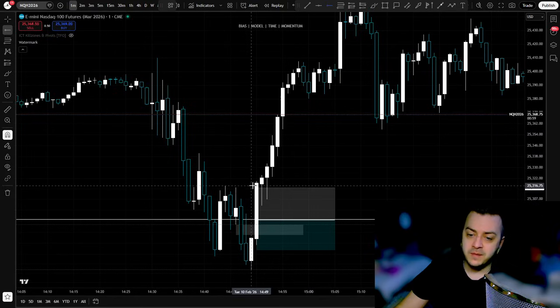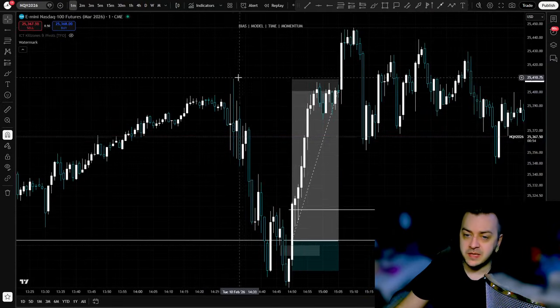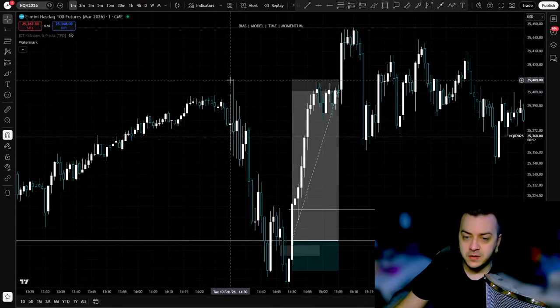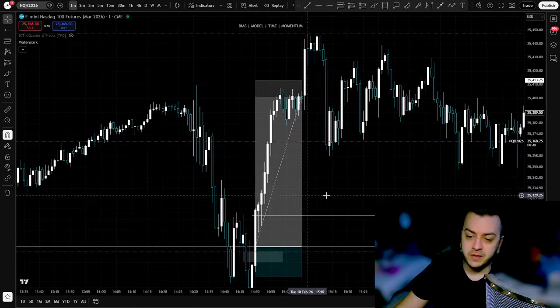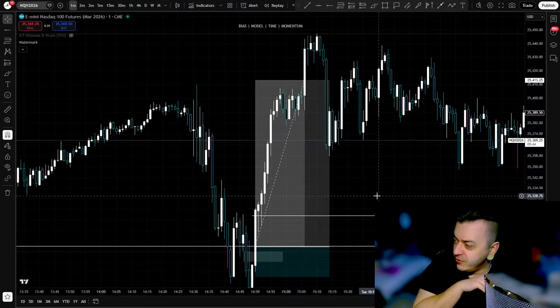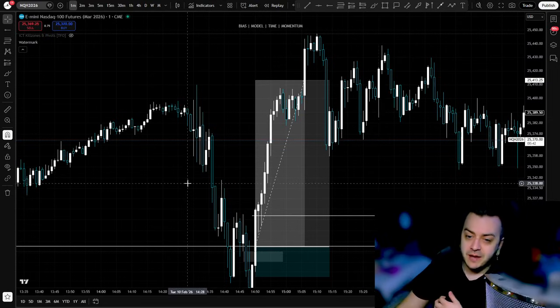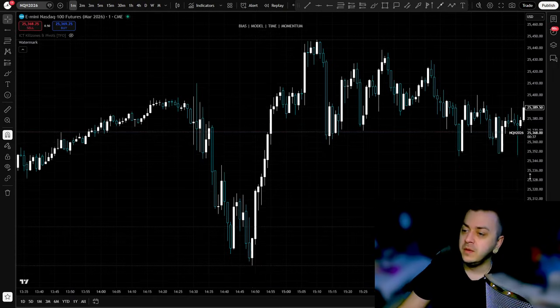Hit the 1-for-1 here, took half off, went break even, and then just held for that, basically the 9 AM high, which is a really obvious area to target. You can see that would have worked perfectly for 5-to-1. So I made about, what was it, $500-ish on this trade after losing 200 on the first. So overall, profitable for the day.